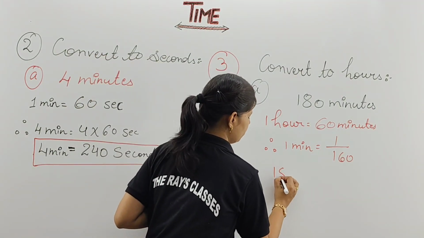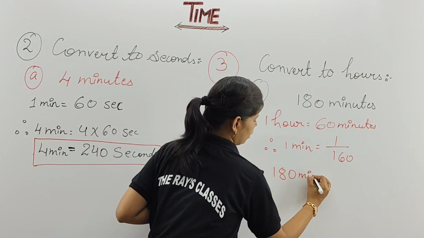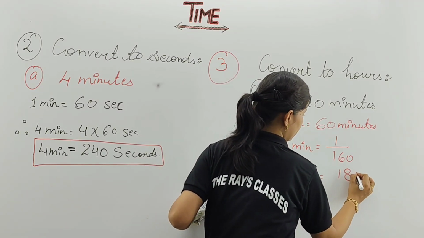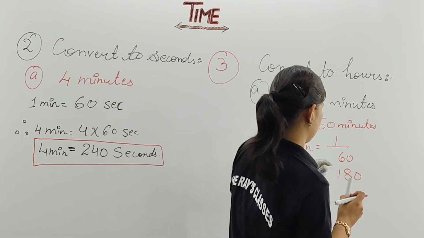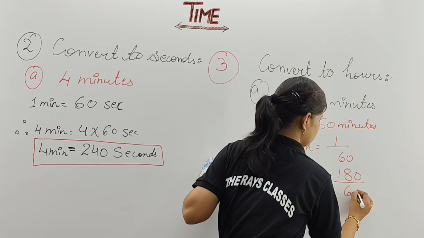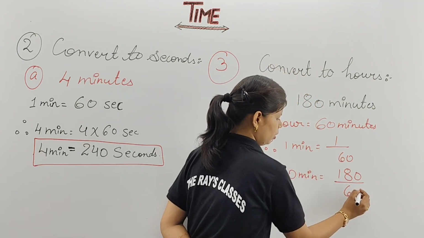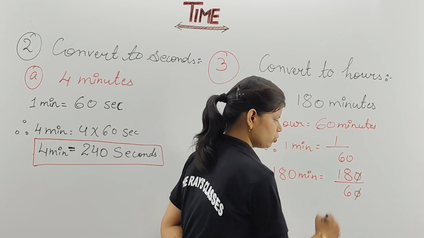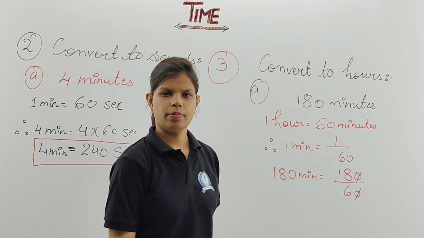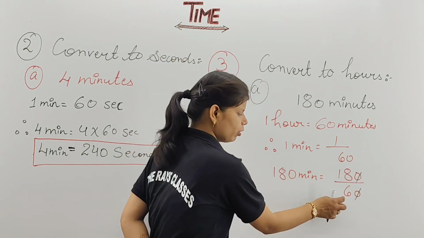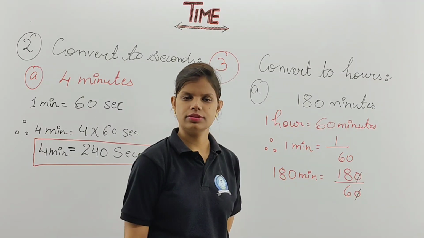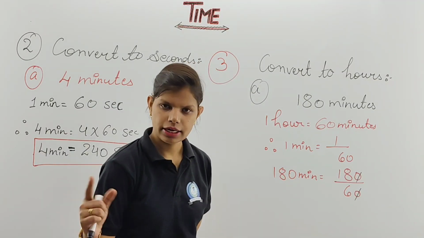Now, when you have 180 minutes, it is equal to 180 divided by 60, because here it is 1 upon 60 hours. Now, this 0 is going to cancel with this 0. Clear? In the table of 6, 6 ones are 6, 2s are 12, 3s are 18.